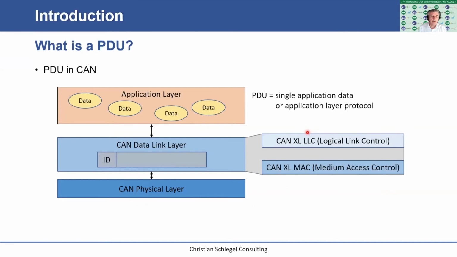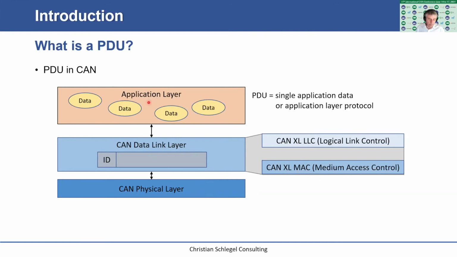Now, when we look at the CAN protocol, we also have a PDU in CAN, although we don't have all these several layers of the OSI model. With CAN, we typically have the physical layer, the data link layer, which is split into the MAC part and the LLC part, and then the application layer.